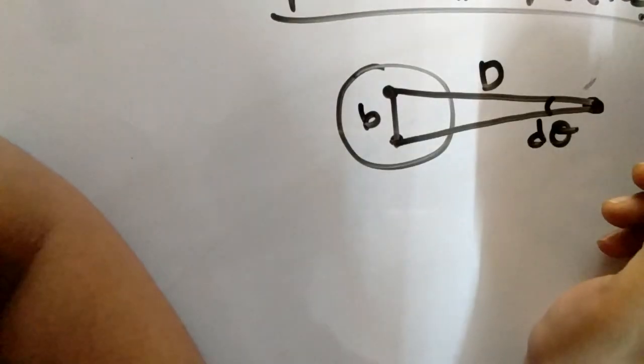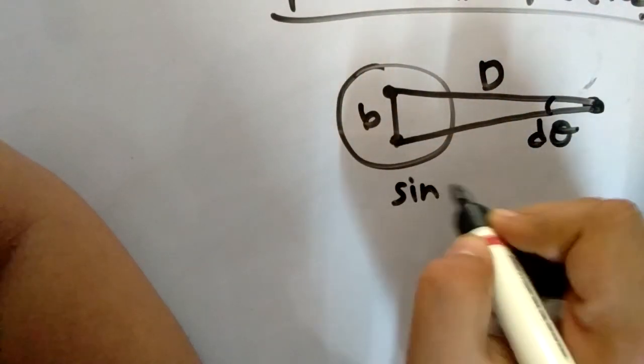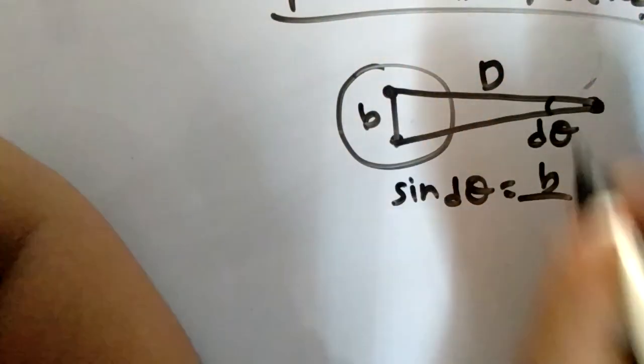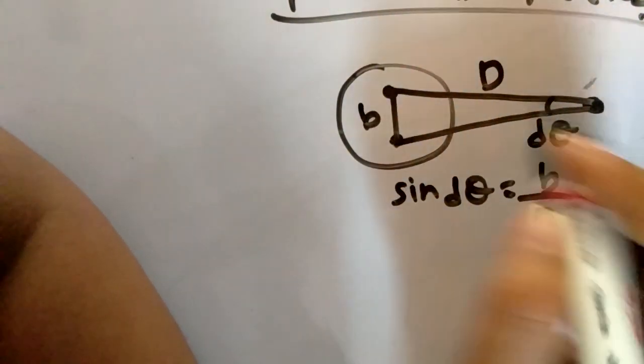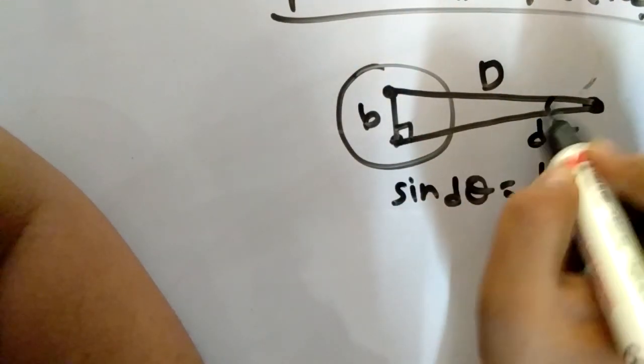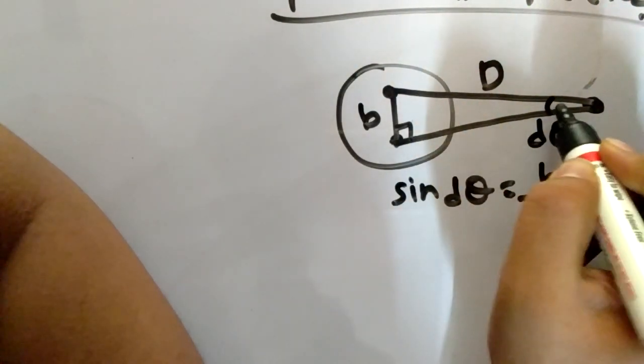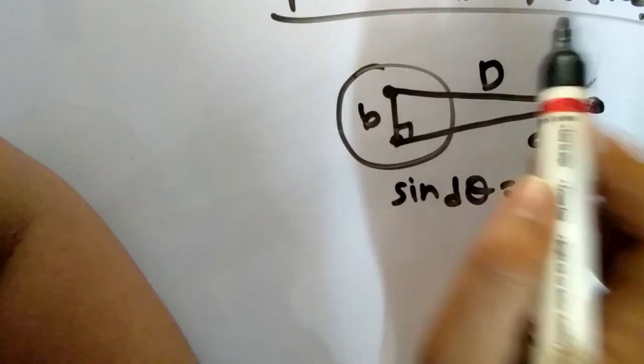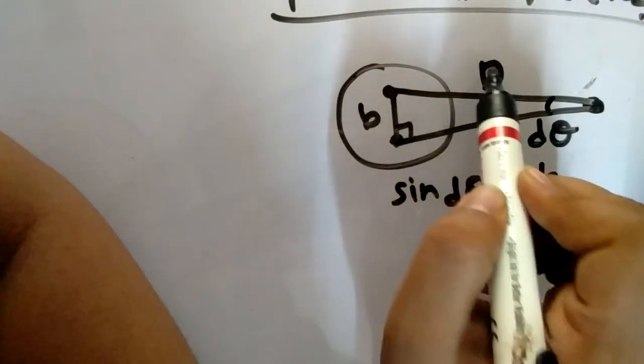We want to find out D. Again the same sine formula: sine of d theta equals opposite B upon hypotenuse D. This is approximately a right angle because the distance is very far. This is a small angle, so this must be 90 degrees. So this is a right angle triangle, and sine of theta is opposite side upon hypotenuse.